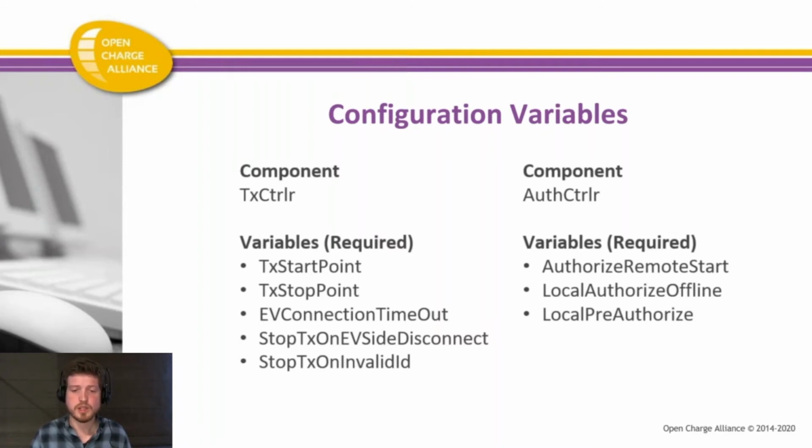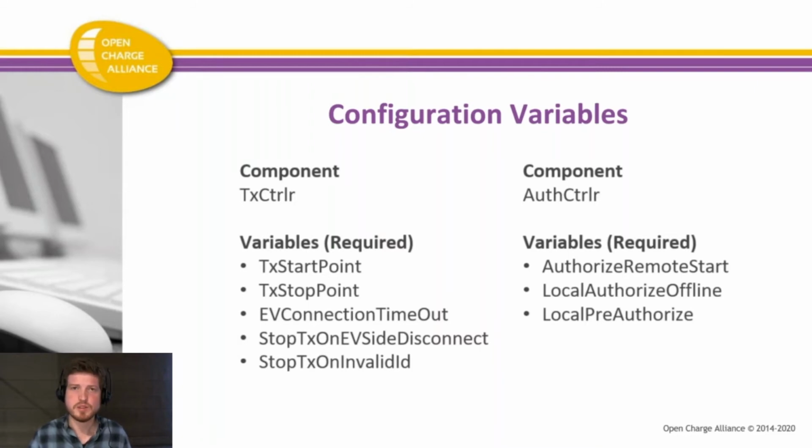The stop Tx on invalid ID is stating whether a charging station needs to stop the transaction after it already started charging, but then it noticed that the CSMS is telling it that the identifier is not valid anymore.